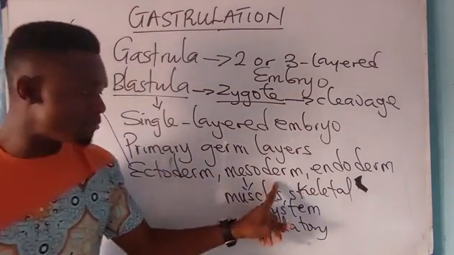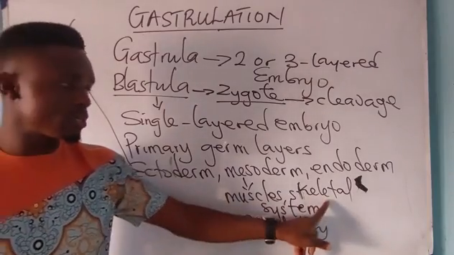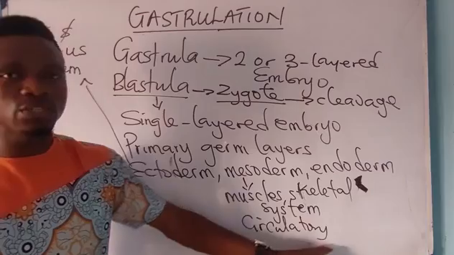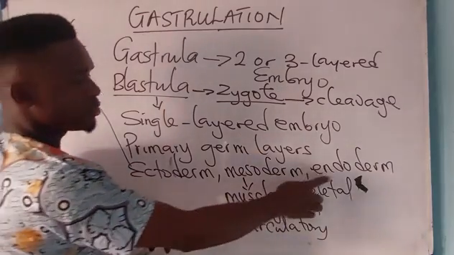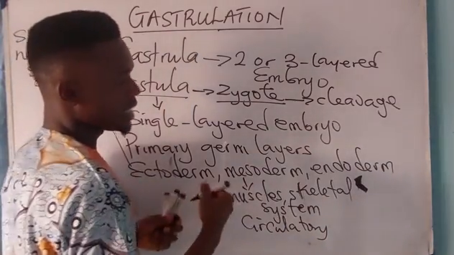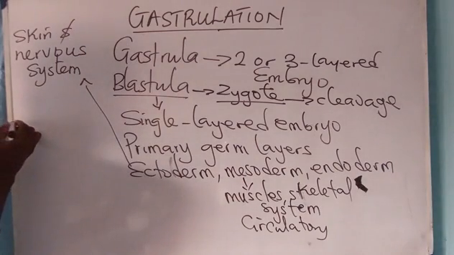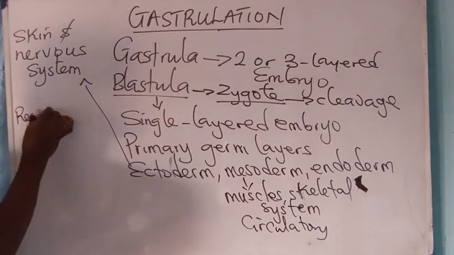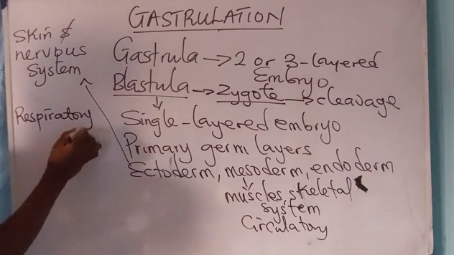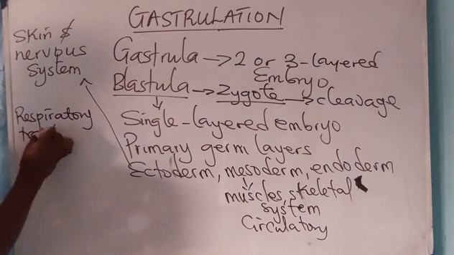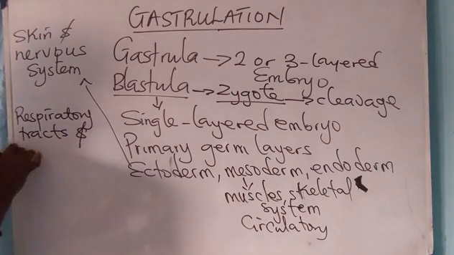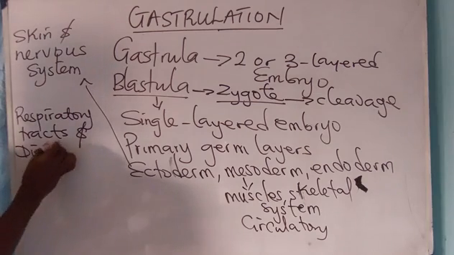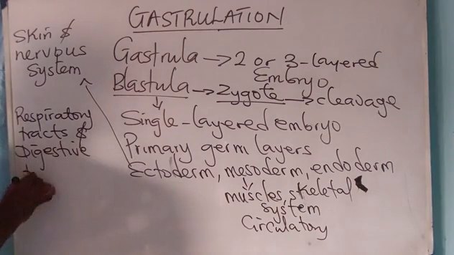The mesoderm forms the muscles, skeletal system, and what? Circulatory system. While the endoderm gives rise to respiratory tracts and digestive tracts.